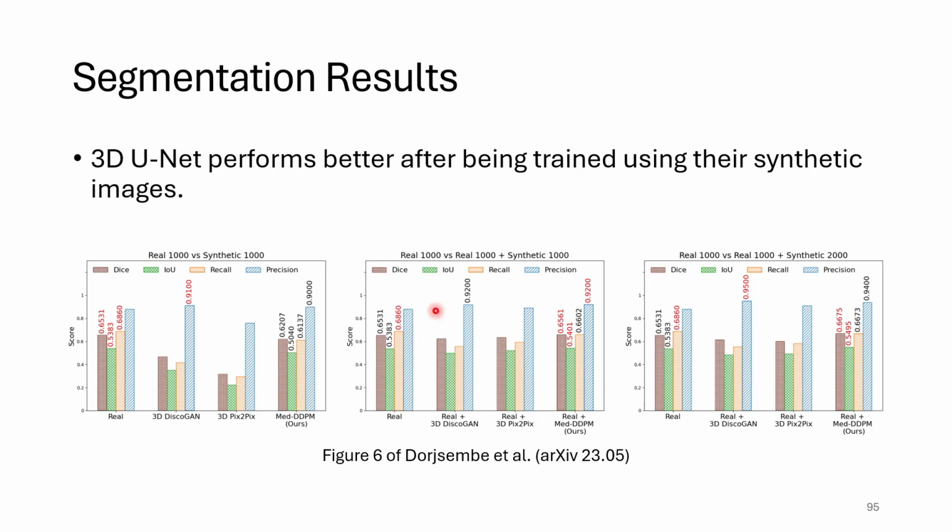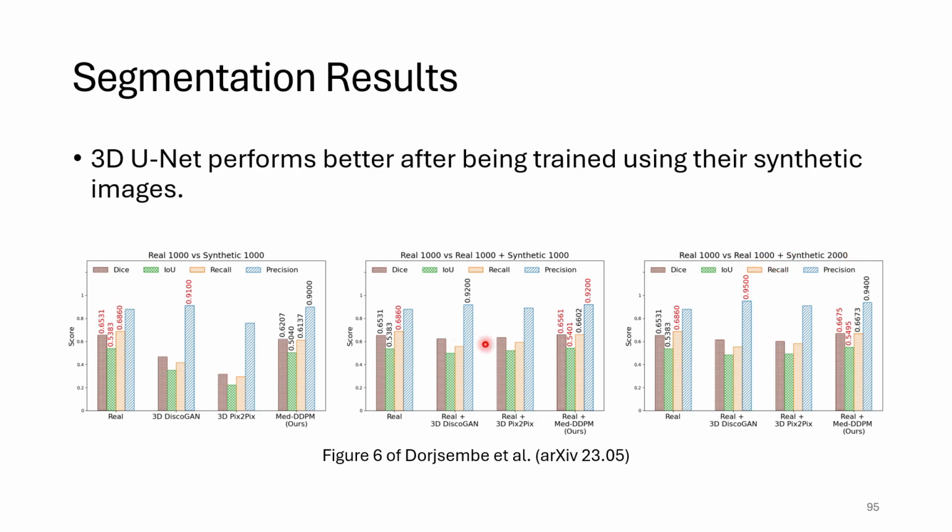And then in this, okay, they modified the setting for the three. They train the 3D UNet using 100 real, 1,000 real and 1,000 synthetic. And in this figure, they add more synthetic images.